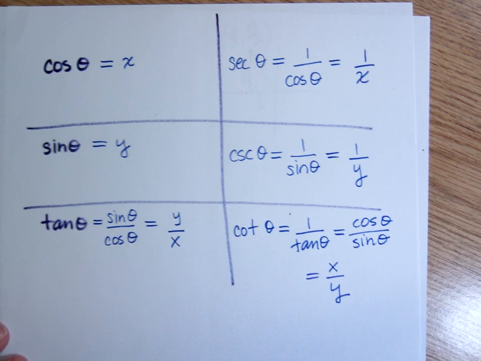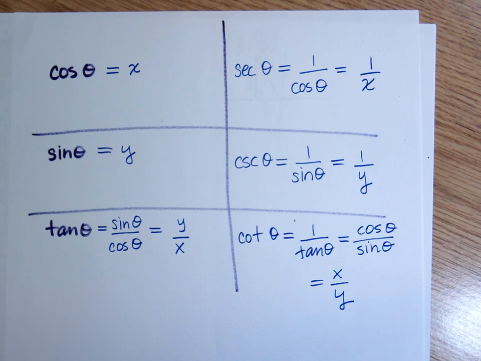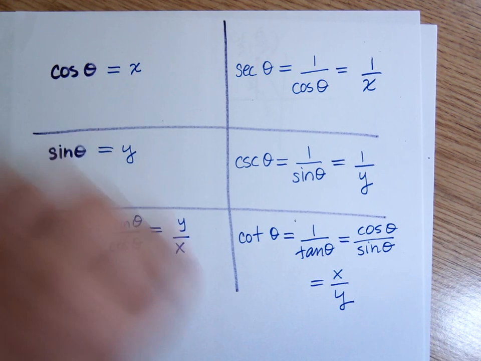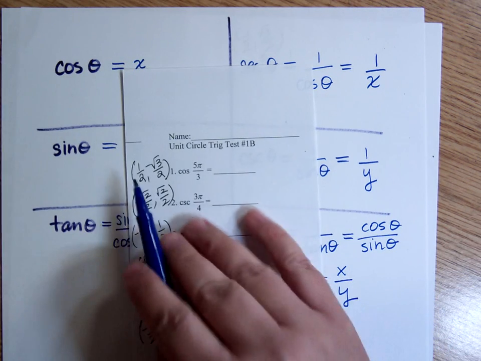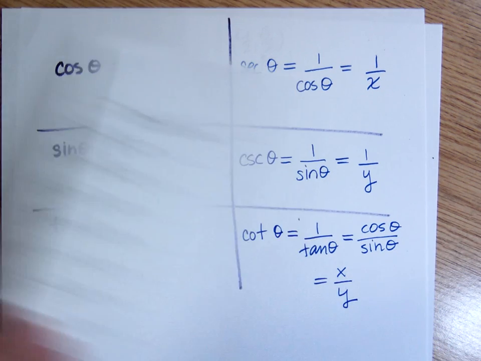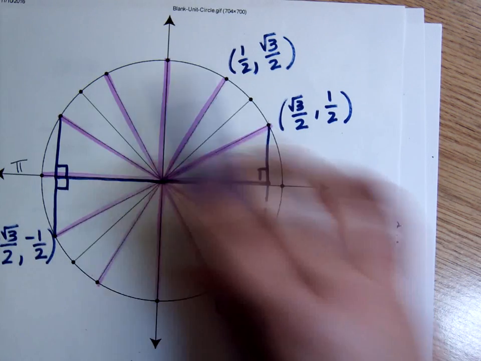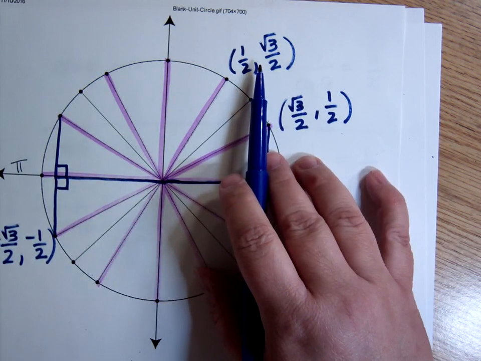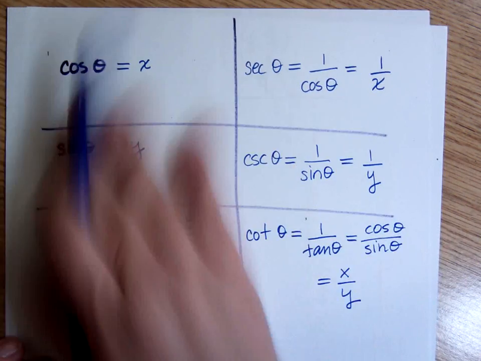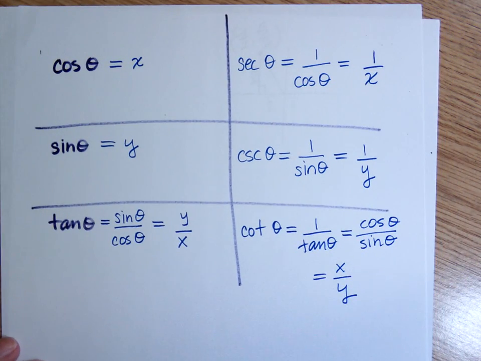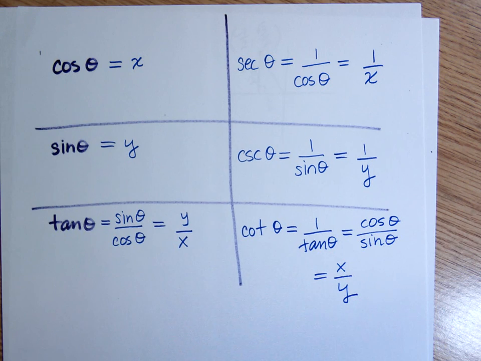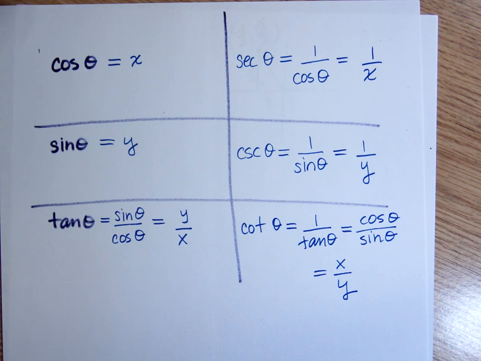So this is what we're using once we know the coordinates. All these x's and y's are my x and y values from the coordinates. The whole point of the unit circle is to give me those coordinates. I find the angle and get the coordinates for that angle. Then I use this to tell me how those values are going to work. So the first one is cosine of 5 pi over 3.